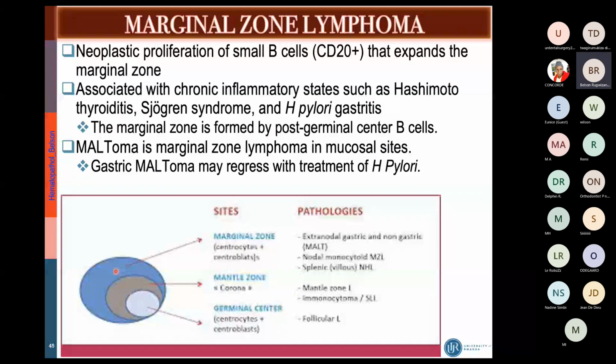Or people with H. pylori gastritis, which is chronic, but when long-standing it can cause problems, either carcinoma or lymphoma. When it is a lymphoma, it is a mucosa-associated lymphoid tissue lymphoma, or MALT lymphoma. So it is a kind of marginal zone lymphoma in mucosal sites.